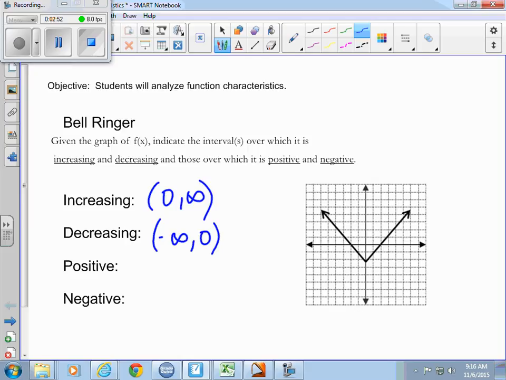When is the graph positive and when is it negative? What do I even mean by positive and negative? Okay, above the x-axis, right? Because a positive value would be above the x-axis. A y value would be positive when it's above the x-axis. So when is this graph above the x-axis?